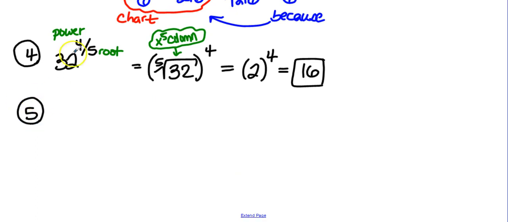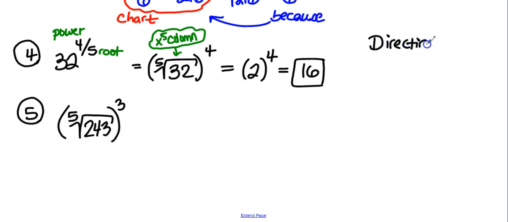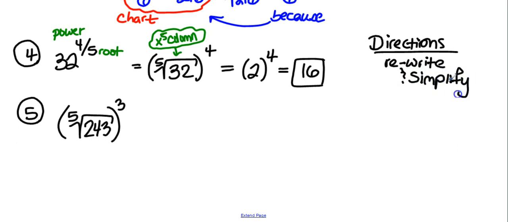Let's look at number 5. Number 5 says the fifth root of 243 raised to the third power. I want to rewrite this. My directions here are rewrite and simplify.